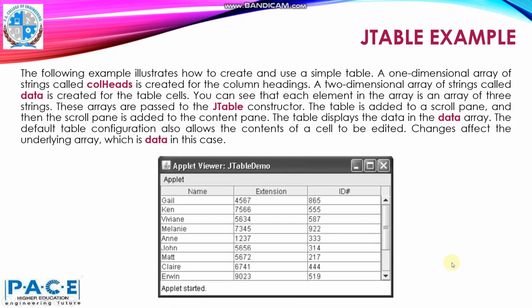The following example illustrates how to create and use a simple table. A one-dimensional array of strings called column heads is created for the column headings. So we see here we have an applet which has a table within a scroll pane.